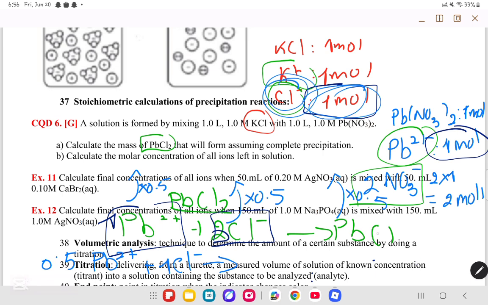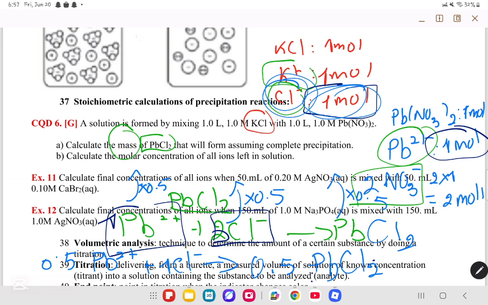It will give us 0.5 moles of PbCl2. It's not Pb, it's PbCl2. Guys, I'm half asleep, sorry. Okay, so 0.5 PbCl2.